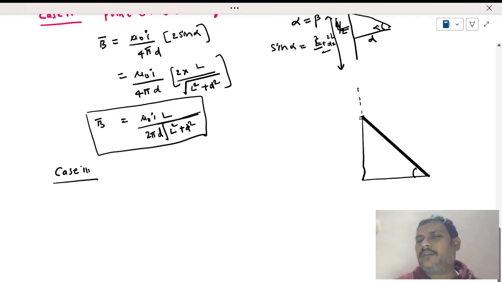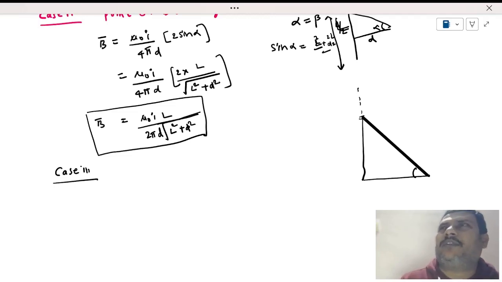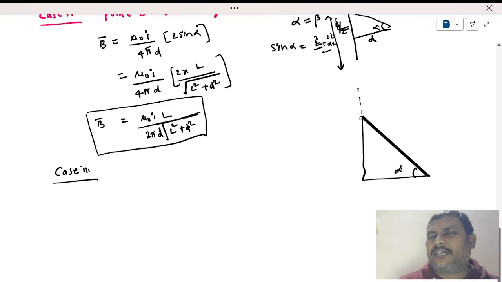Here, infinite length means alpha becomes 90 and beta will become 0. For an infinite rod, alpha becomes 90 and beta becomes 0, so it is along the wire, parallel to this.